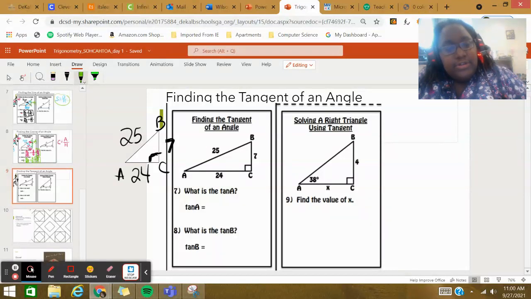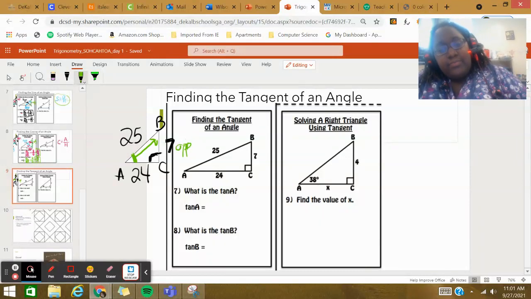All right, so again, remember we're always going from either A or B on these triangles. So in this one, I got tangent of A. Tangent from A, this 7 will be my opposite side. I'm going to put OPP here.